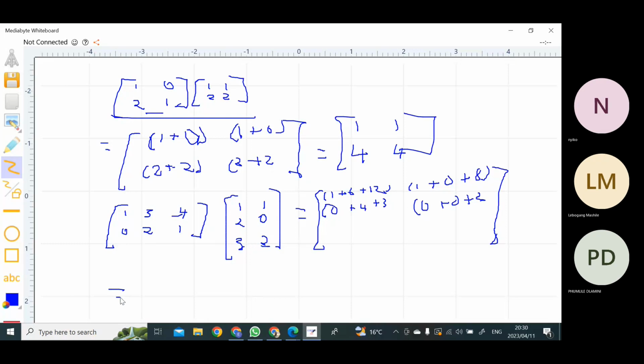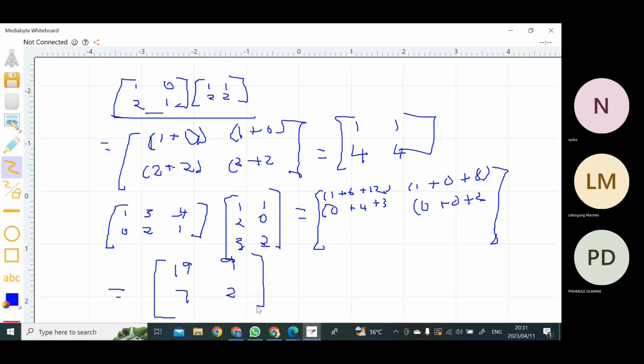So when we conclude this one here, we can write it as 1 plus 6 is 7, 7 plus 12 is 19. And then 1 plus 0 is 1, plus 8 is 9. And then 0 plus 4 is 4, plus 3 is 7. And then 0 plus 0 is 0, plus 2 is 2.